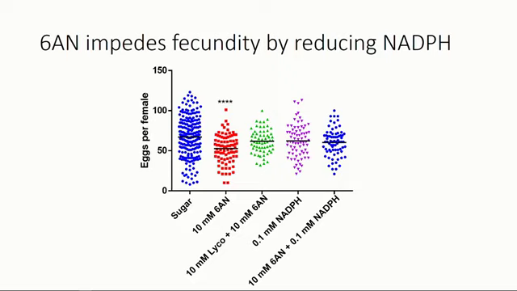When we feed NADPH, we see no difference. And then finally, when we feed 6-AN plus NADPH, we see a return to baseline. So this tells us that the lowering in fecundity is most likely due to oxidative damage because lycopene was able to reduce it, and also due to NADPH production repression because when we add exogenous NADPH, we see a return to baseline.